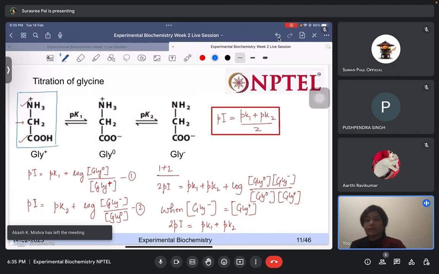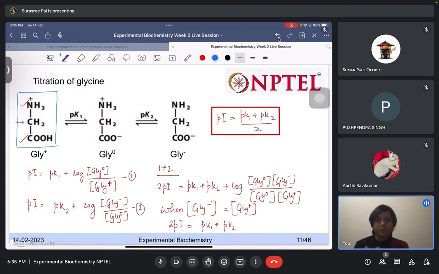One side piece of information: glycine is the amino acid where the alpha carbon is not a chiral carbon, because there is no side chain as such. The side chain is a hydrogen atom, which is why the alpha carbon is not chiral.